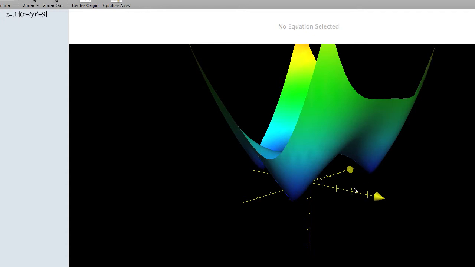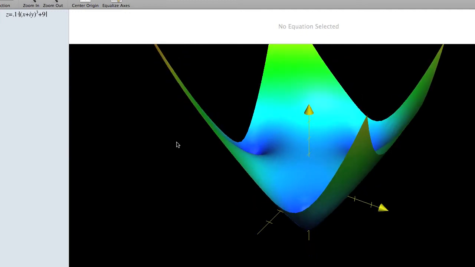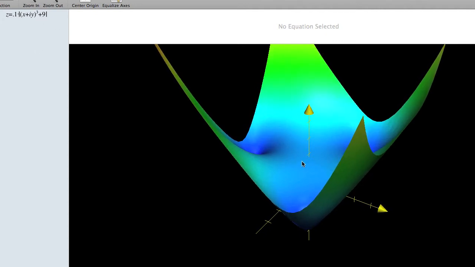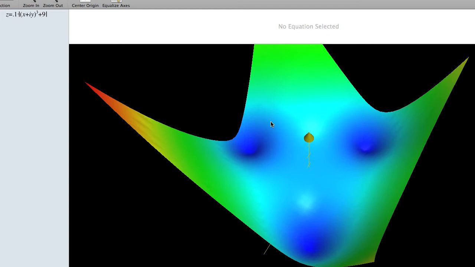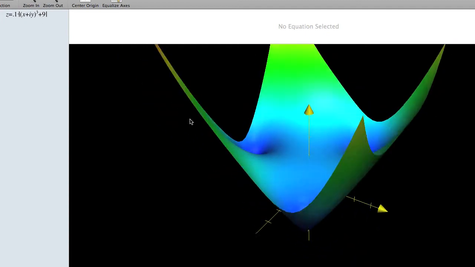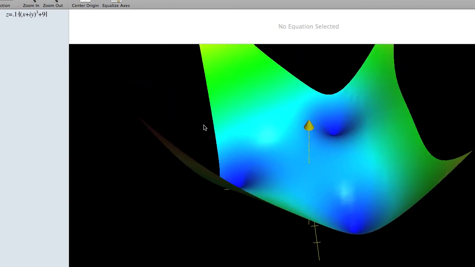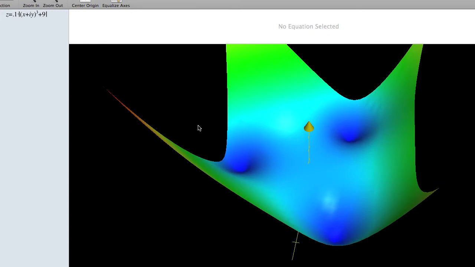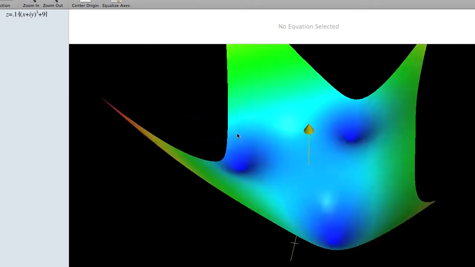So these are complex numbers represented as x plus iy, so this is my complex plane, and this is the function z equal to x plus iy cubed plus 9. Now let's look at the roots. The roots are where this function drops to 0. It drops to 0 in 3 places. Now I said that a third order polynomial will have 3 roots. This has 3 roots. Now we have one real root, that's this root right here.